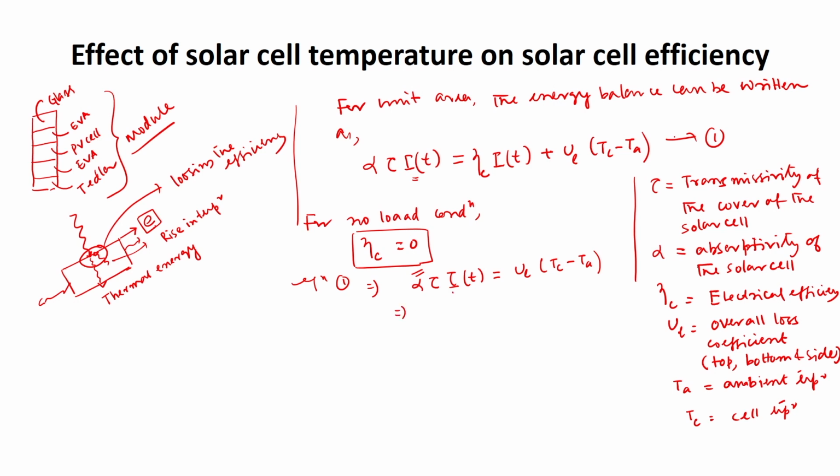Or we can further simplify: alpha tau divided by U L is T c minus T a divided by I t.